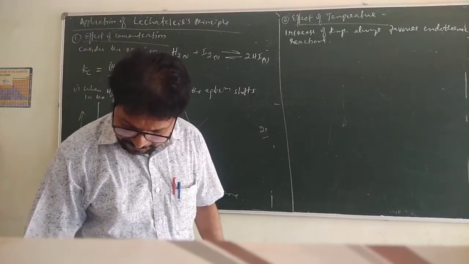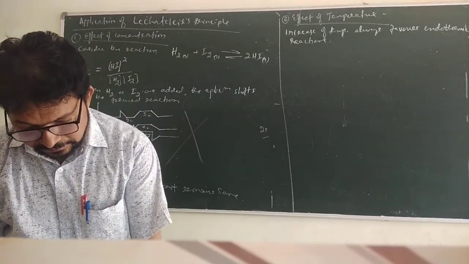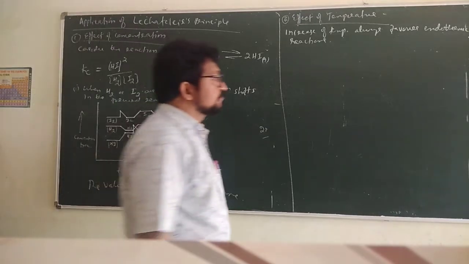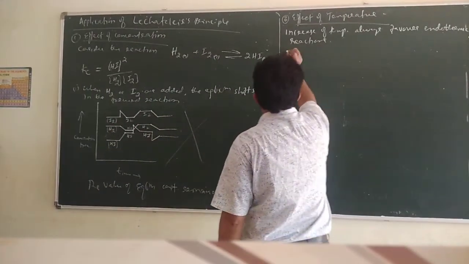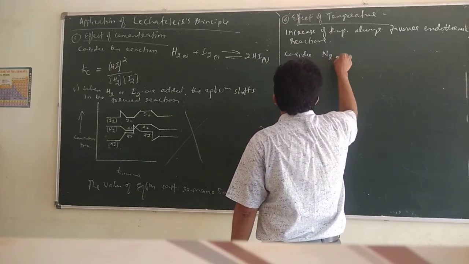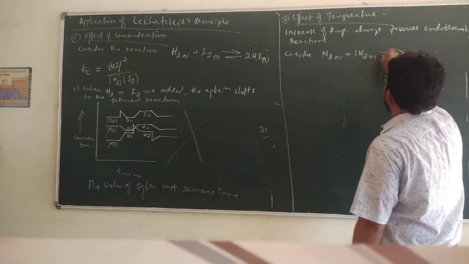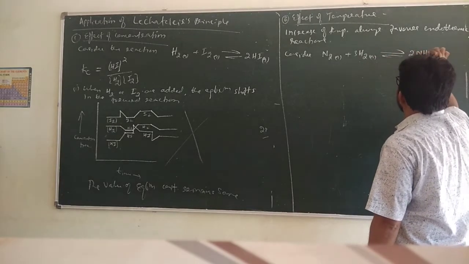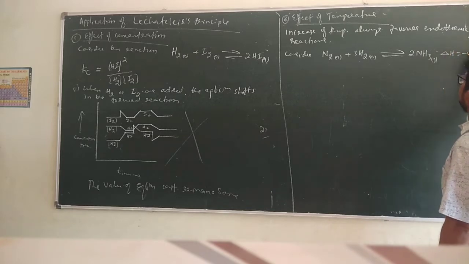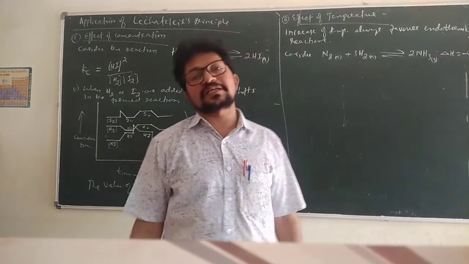Now, increase of temperature I will take for the formation of ammonia. Consider N2 gas plus 3H2 gas giving 2NH3 gas. This is the formation of ammonia. Here delta H is negative. Please note this. The forward reaction is exothermic.